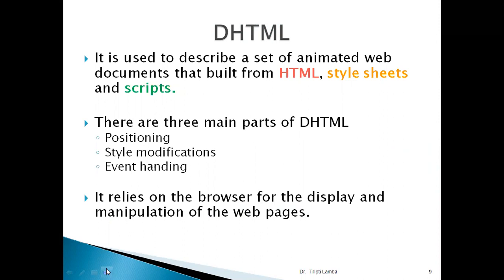If I want to do some positioning of any text or image in my web page, suppose I have some images there and I want to change the layout or the positioning, with the help of DHTML you will be able to do it. I can also make modifications in the style. Numerous functionalities are available in DHTML through which you can change the style.